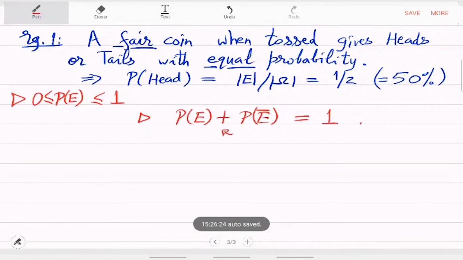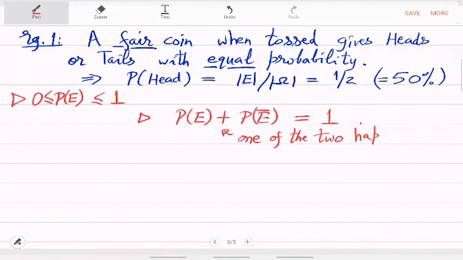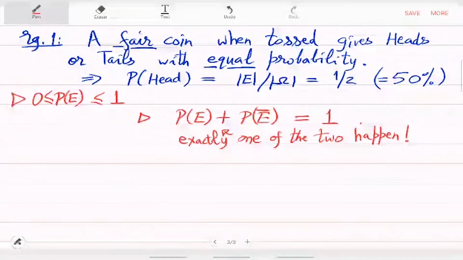Which is essentially saying that one of the two things will happen. In an experiment, exactly one of the two happens. That is the way you can interpret this equation physically. So, these two things are both intuitive and easy to show by whatever definition you use of probability.